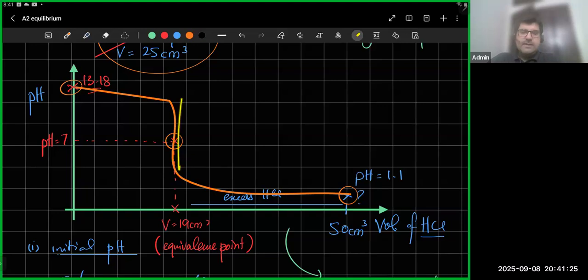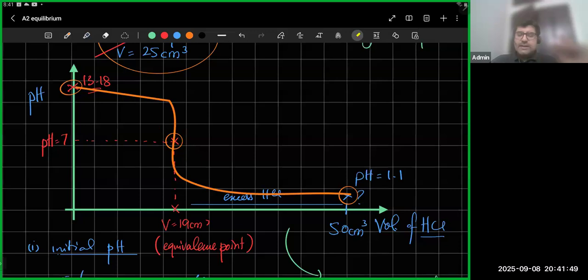Around the equivalence point, the curve is pretty much straight, and so before that, the pH barely moves, and after the equivalence point, the pH barely moves. Most of the transition in pH happens around the equivalence point.